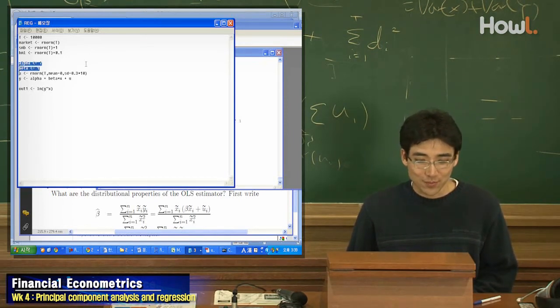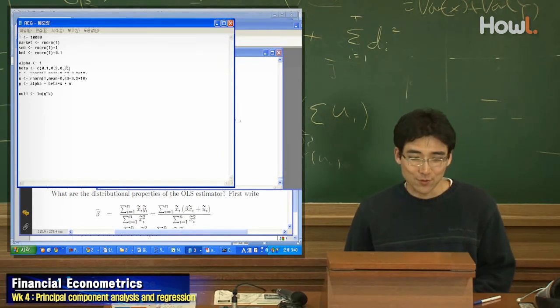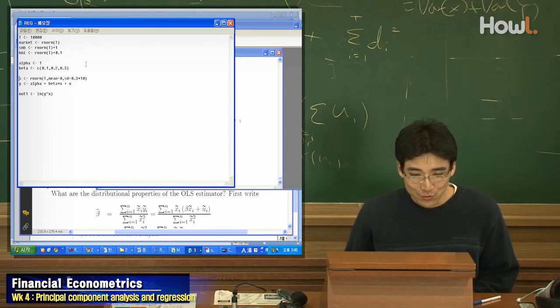Then let's say alpha is 1 and beta is c(1, 2, 3), two extremes: 0.1, 0.2, 0.3.